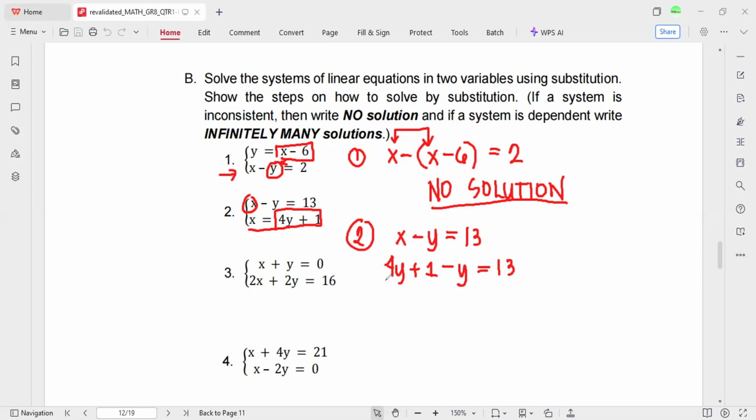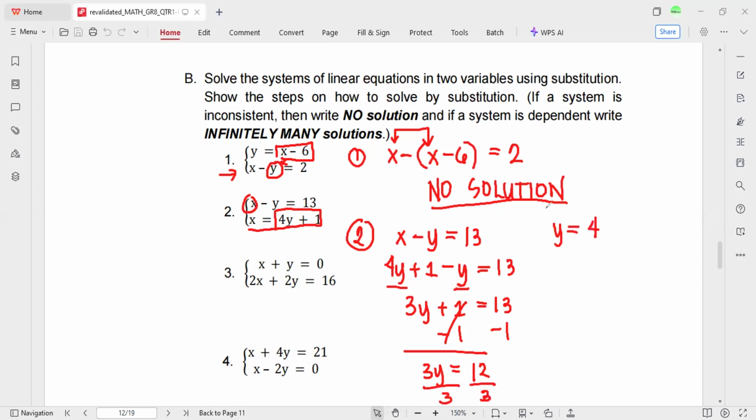Next, simplify 4y minus y, that is 3y plus 1 equals 13. After that, subtract 1. So we got 3y equals 12. Divide both sides by 3. So our y here is equal to 4.